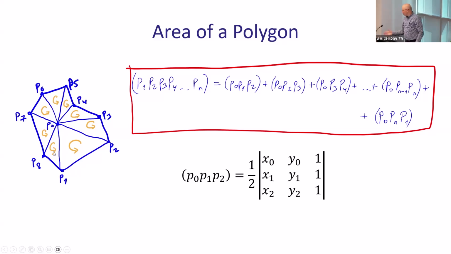Okay, so you can generalize that same formula for any number of triangles, which means if you have some sort of polygon P1, P2, P3, all of these points, and they are in order, like P1, P2, P3, P4, P5, and it could be convex or concave, whatever, any polygon, any bunch of points, right? And then the point P0 will be somewhere. It doesn't matter even where. You just pick any point you want.